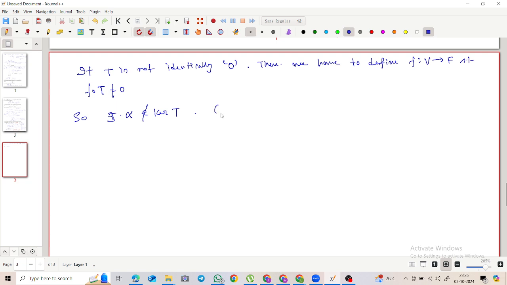So consider beta, a basis of V which actually contains alpha. Because alpha is not in the kernel of T, alpha is a non-zero vector, so I think we can extend this basis.